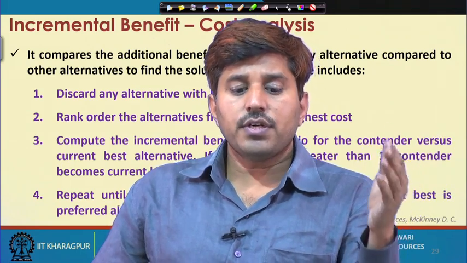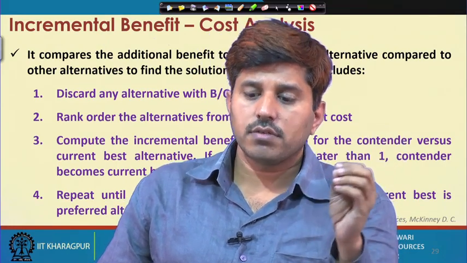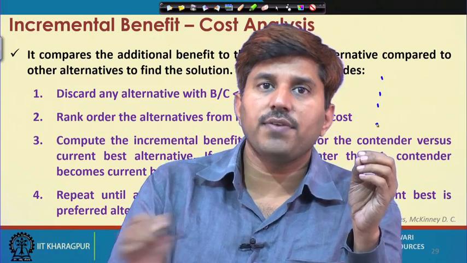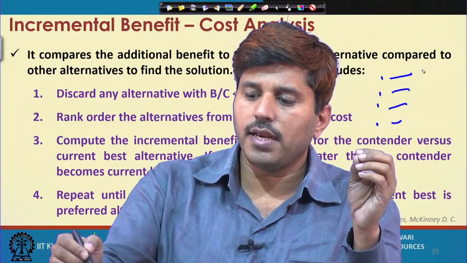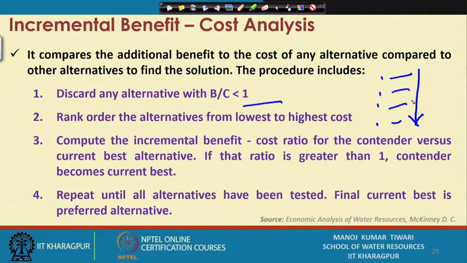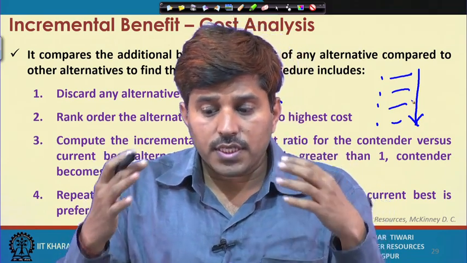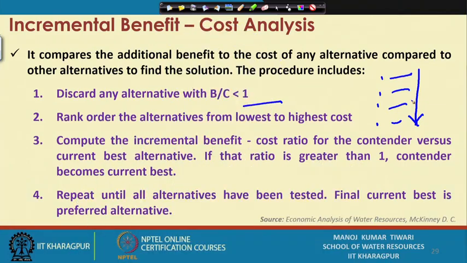Then we should rank the other alternatives from the lowest to highest cost. So, if I have 1, 2, 3, 4 different alternatives, I should rank them from lowest to highest cost, and then compute the incremental benefit cost ratio for the contenders versus the current best alternative.